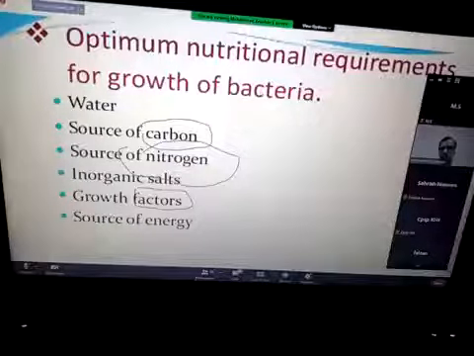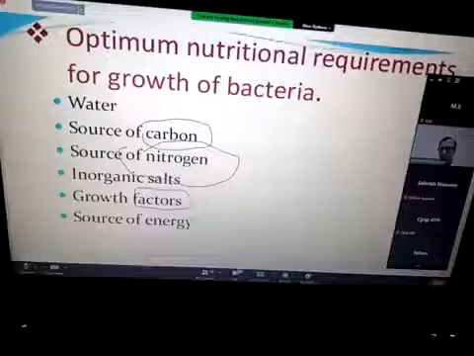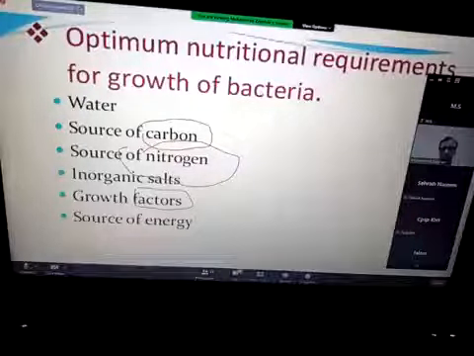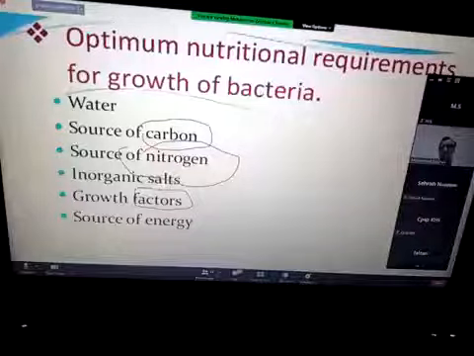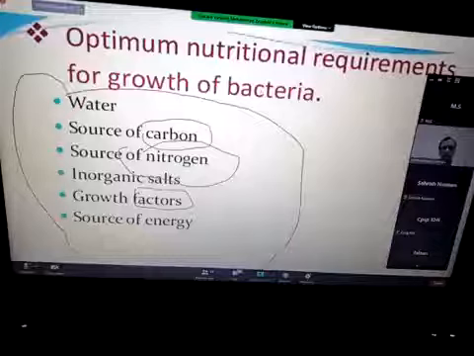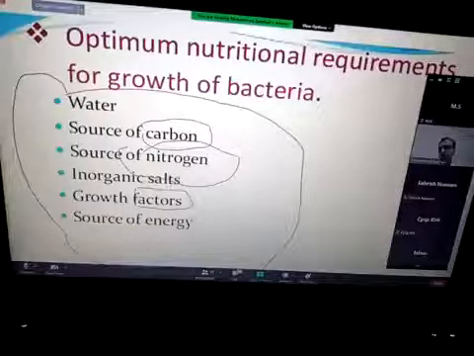Some bacteria, like Citrobacter, need more carbon sources for their energy. Some require more nitrogen. These nutrients are present in the environment, and bacteria utilize different sources for their survival.